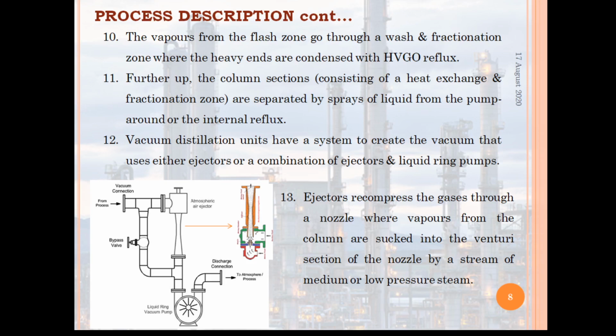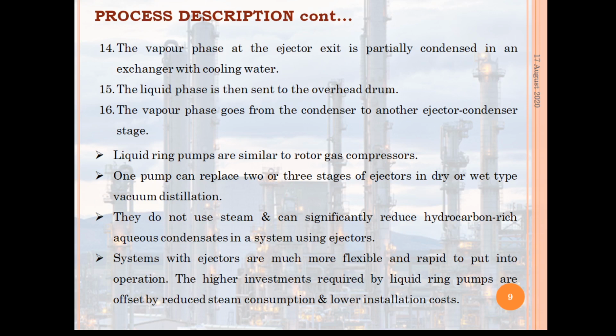The vapor phase at the ejector exit is partially condensed in an exchange with cooling water. As we know, there are two types of condenser, total condenser and partial condenser.